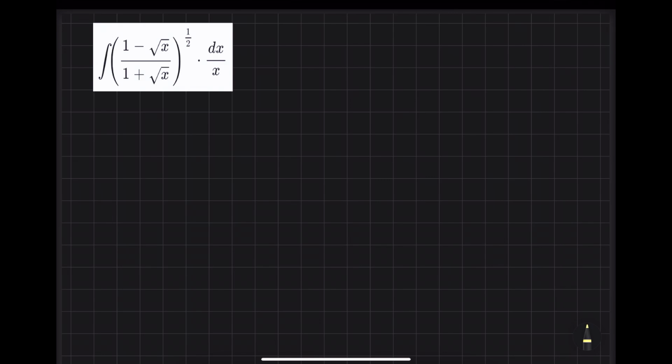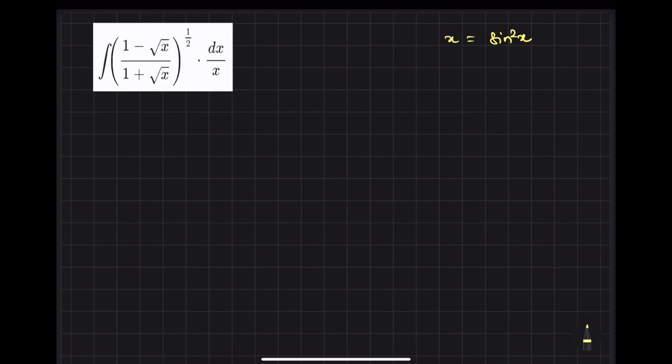Okay? So what we have to do, we will take x as sin square theta. Okay, if I take x as sin square theta, I can get rid of this square root. Okay, now let's do the differentiation.